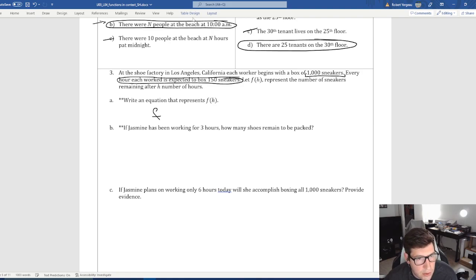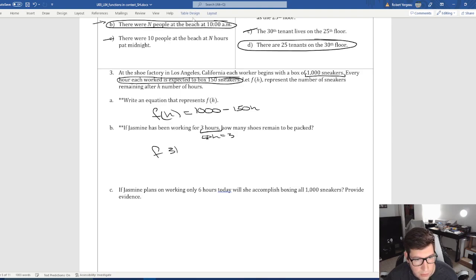Well, again, this is going to be really similar to our ski slope problem. F of h is going to be that initial value, that 1,000, and we're going to subtract the 150 that we should be doing per hour, times h. And so if Jasmine's been working for 3 hours, how many shoes remain to be packed? Well, this is an h value. H equals 3. That's an input. We've got to use substitution.